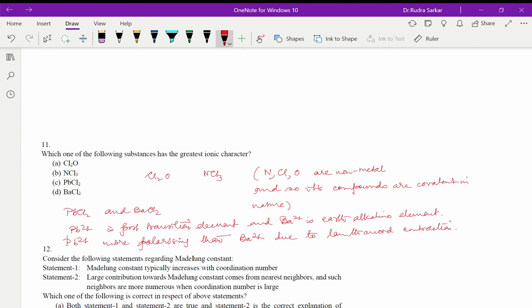So we can say the more the polarizing power, the more covalency.